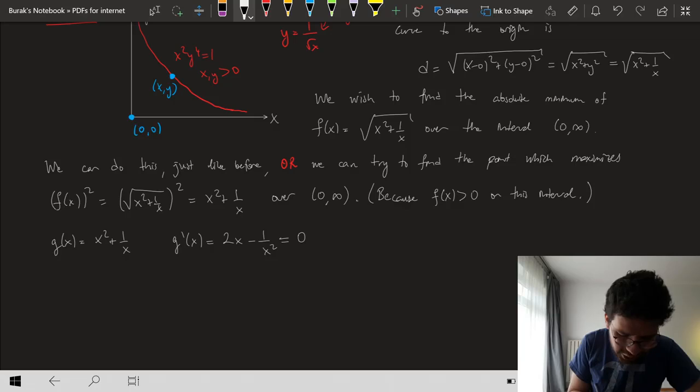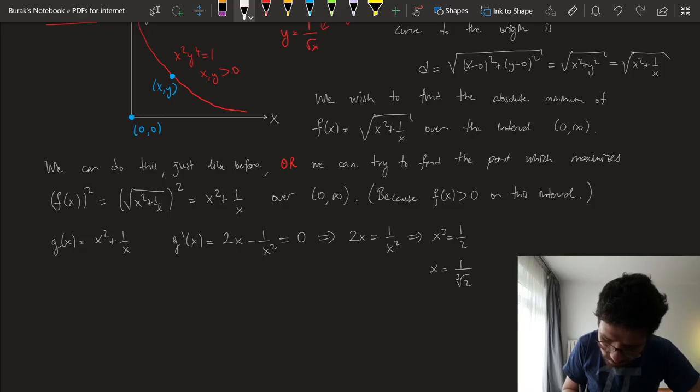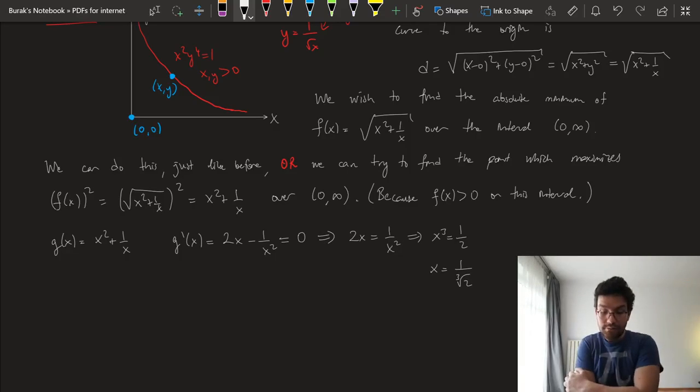Let's pretend that g prime of x is 0. In this case, you get that 2x is 1 over x squared. So you get that x cubed is 1/2. So x is 1 over cube root of 2.